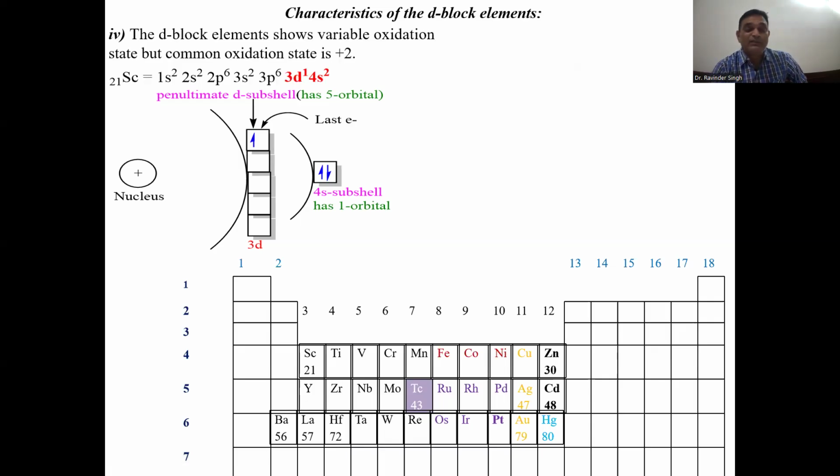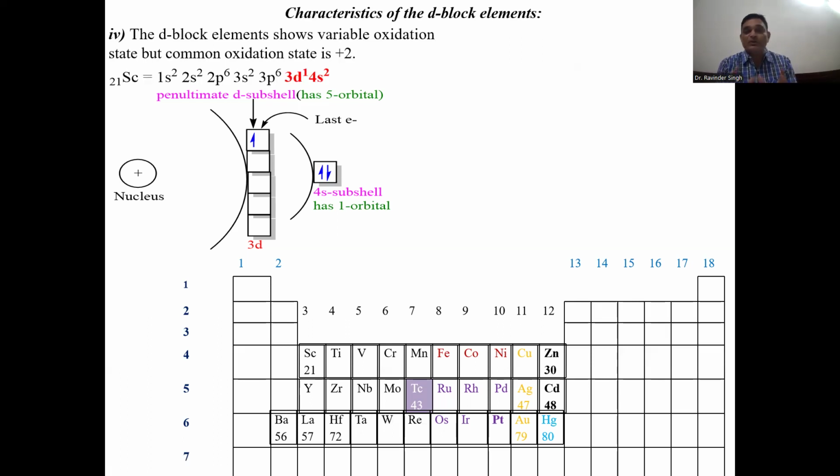Where are the other 14 elements? These 14 elements are placed at the bottom of the periodic table in horizontal form, atomic number 58 to 71, called lanthanides, that is the f block elements. Because in these elements, the last electron enters into the antepenultimate f subshell.